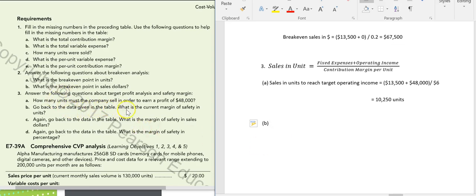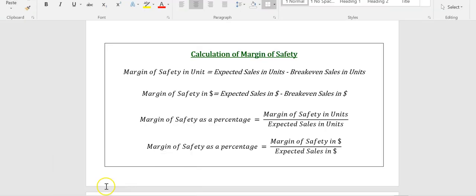Go back to the data table. We went there. What is the current margin of safety in units? Right. So margin of safety in units. Again, margin of safety means the extra units the company is currently selling on top of their break-even units. Right.